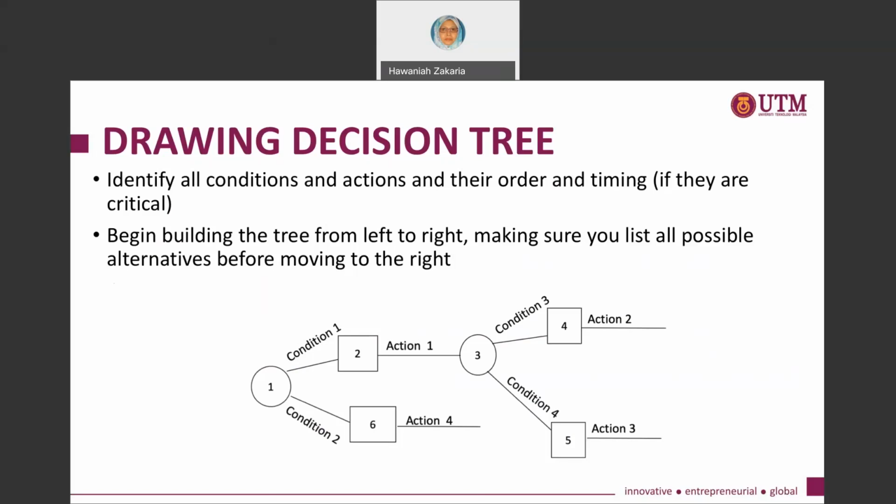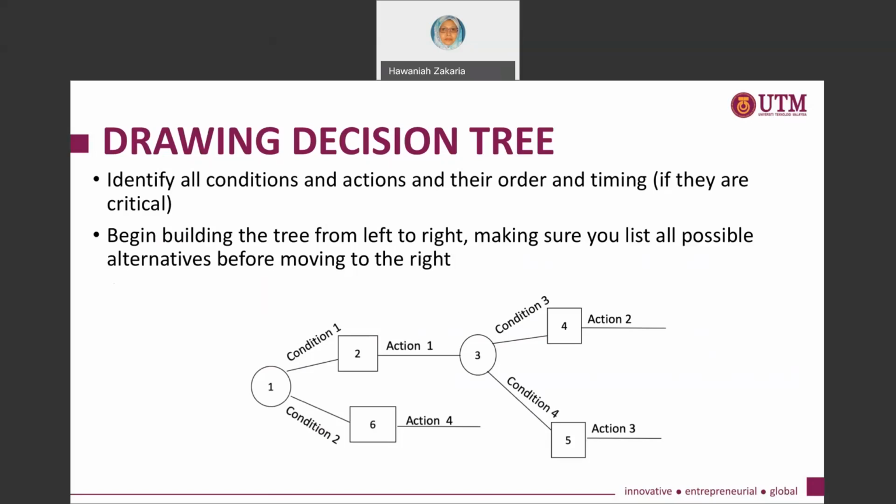If condition 3 is chosen, then the action stated under action 2 at node 4 would be taken. Otherwise, condition 4 would be followed and end up with action 3, shown on node 4, being taken.